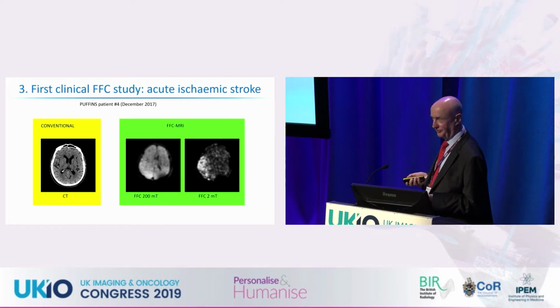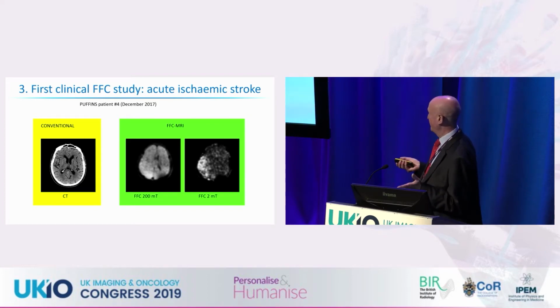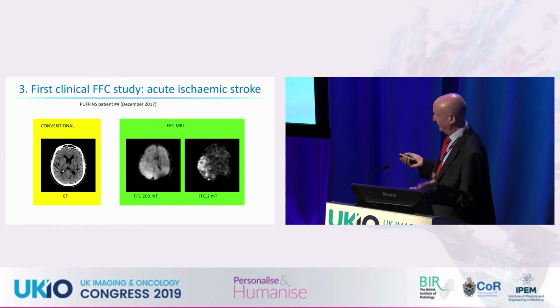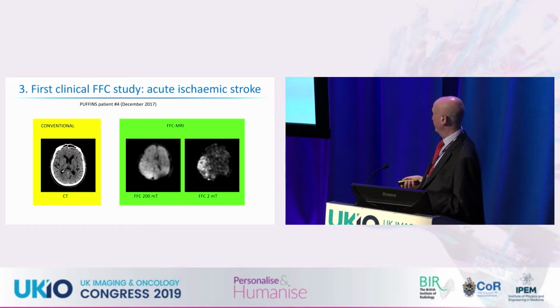But the pathology can be very clearly seen in the 2 millitesla FFC scan, so that's at 0.002 Tesla evolution field. Although the image quality is not great, because that's an early version of the RF hardware, nevertheless you can see very clearly this region here, which is the region of the stroke-affected brain tissue. And that's without any contrast agent. That's inherent endogenous contrast.